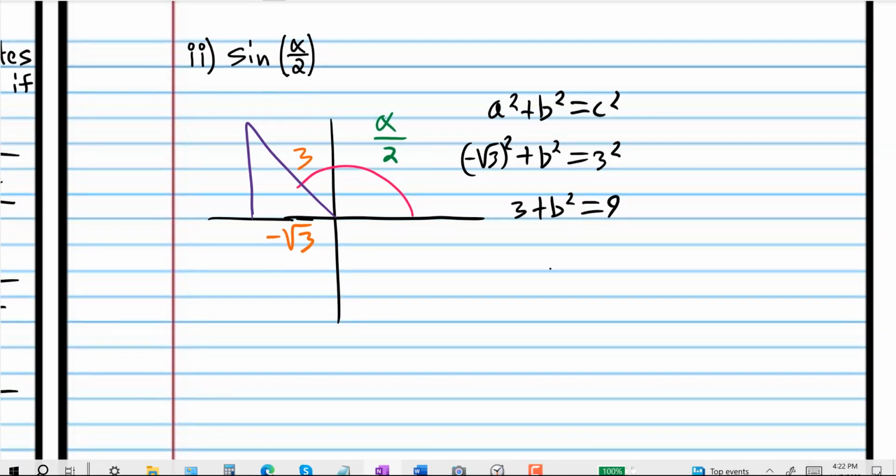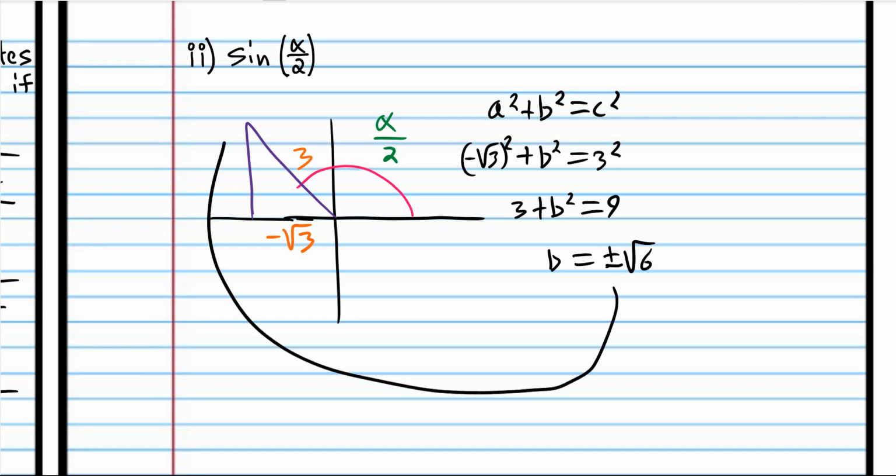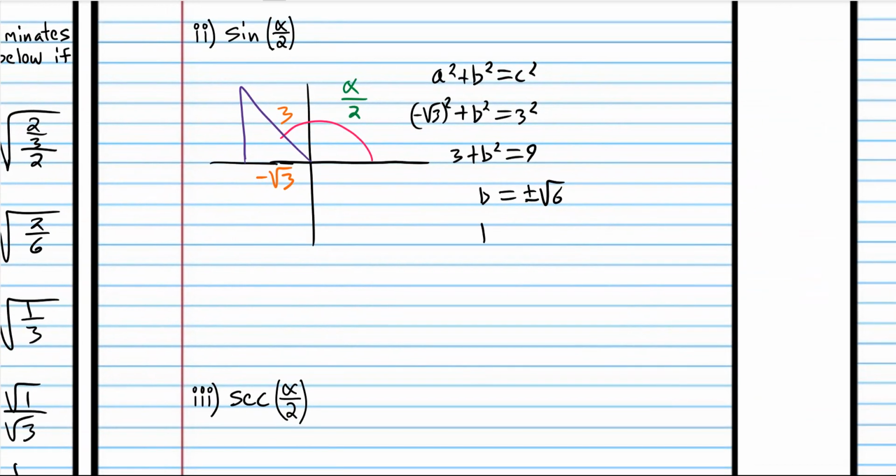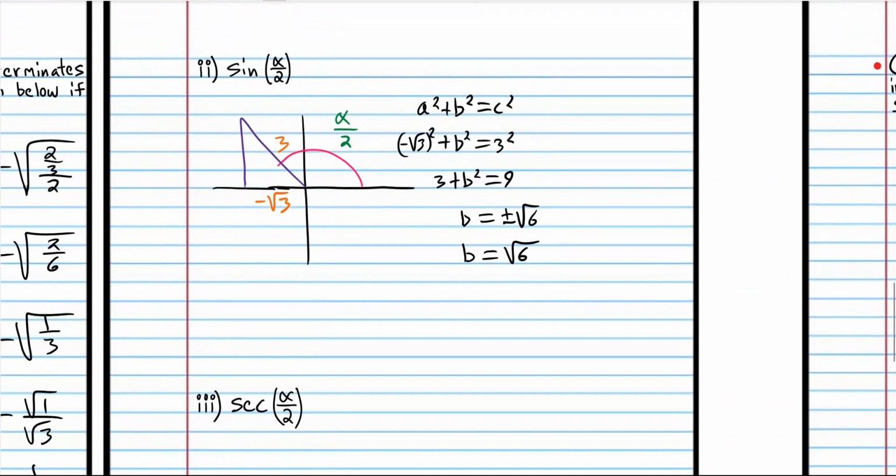And do the math, and we find that b is plus or minus root 6. But if you look at this triangle, is this side going to be positive or negative? Obviously it's going to be positive because it's above the x-axis, so we can write that number in there.